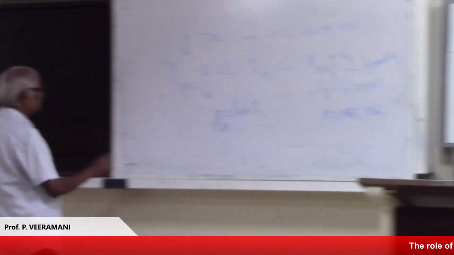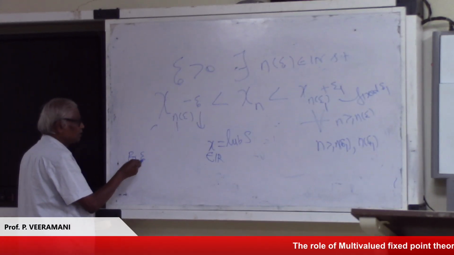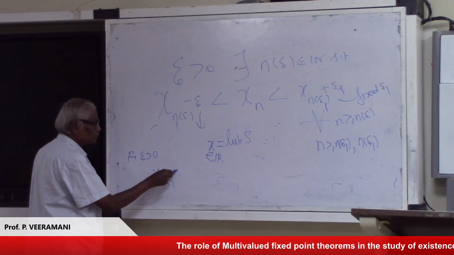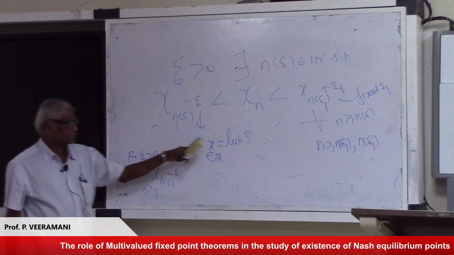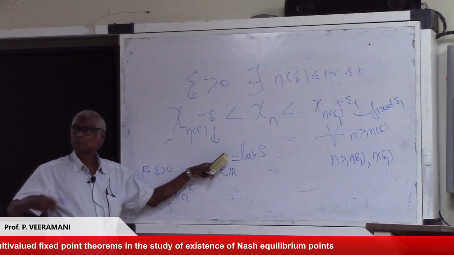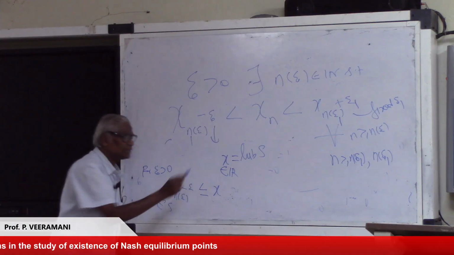Then for every epsilon, again start with epsilon positive: x n of epsilon minus epsilon belongs to S, and x is an upper bound first, and among the upper bounds the least. So first, being an upper bound means that element is less than or equal to x.